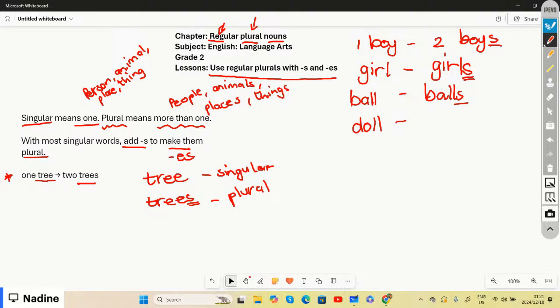If she plays with two, then we say two. Remember the plural form, we are basically adding an S to the word.